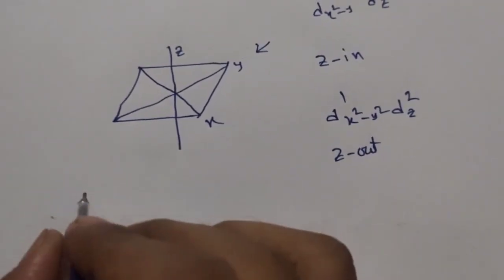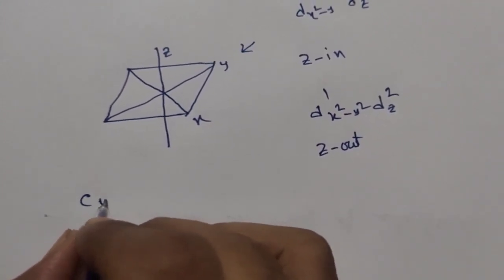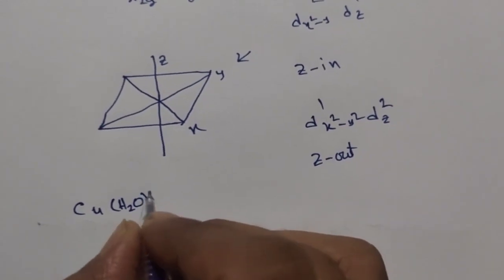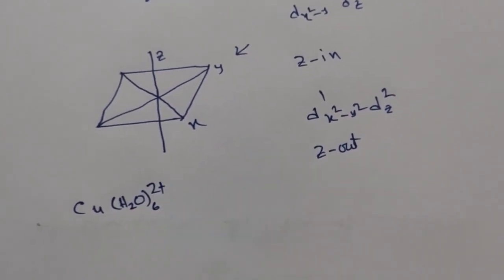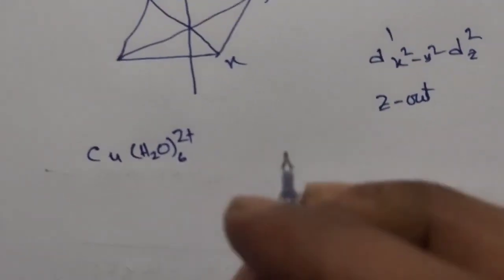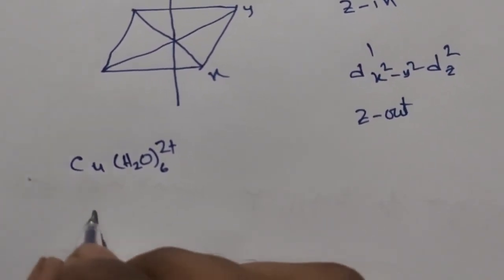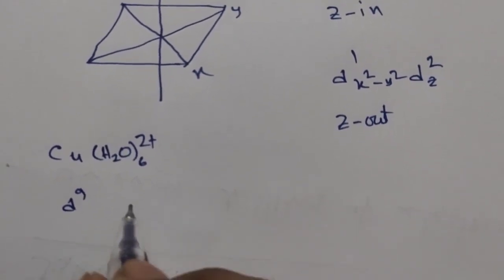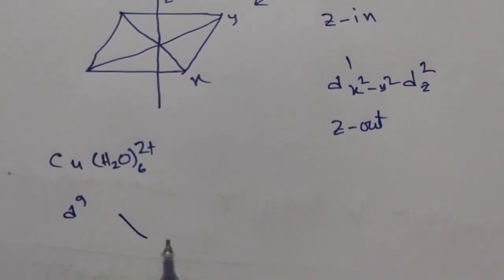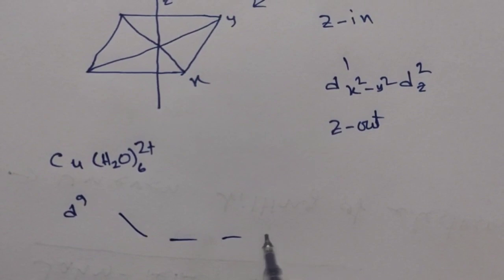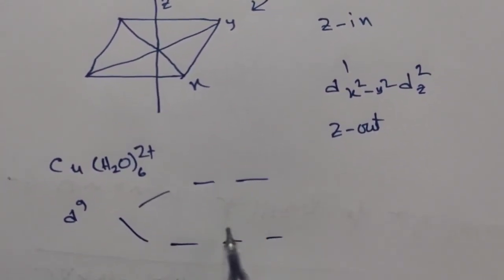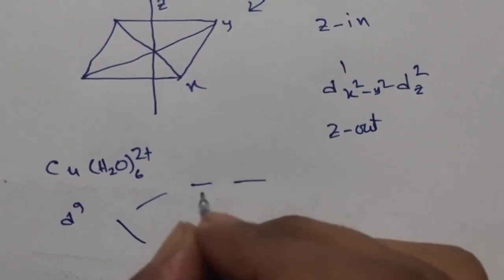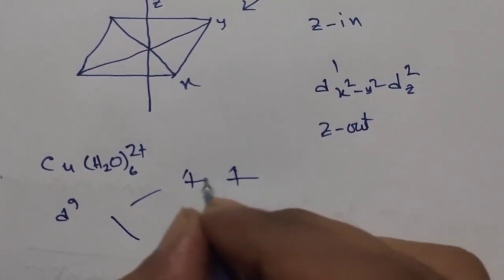If we consider the example of the complex copper aqua 6, 2 plus, copper has 9 d electrons, it is a d9 system, and the electron filling will be like this: 1, 2, 3, 4, 5, 6, 7, 8 and 9.